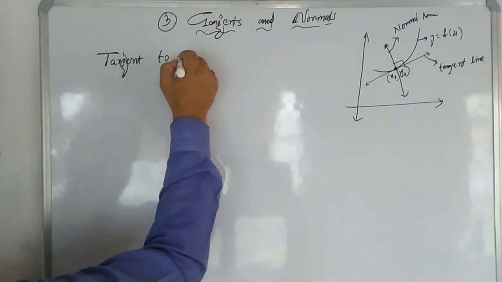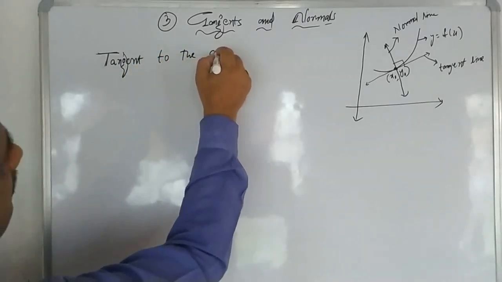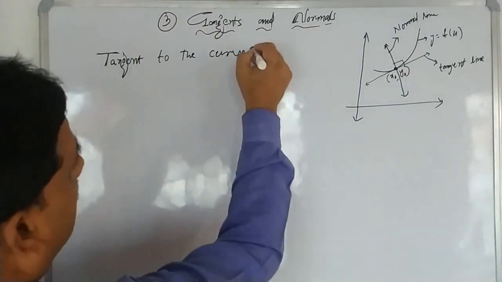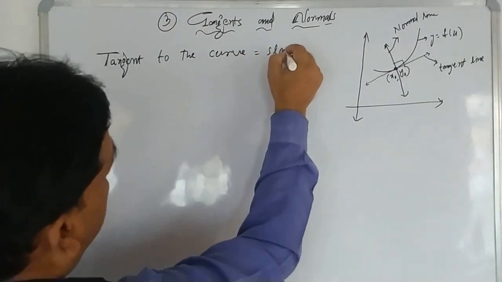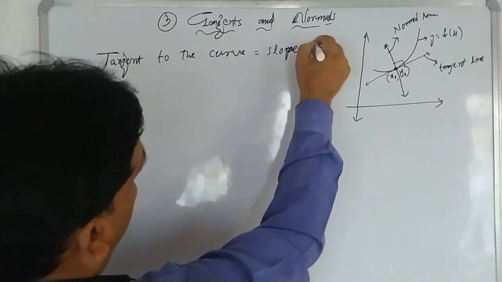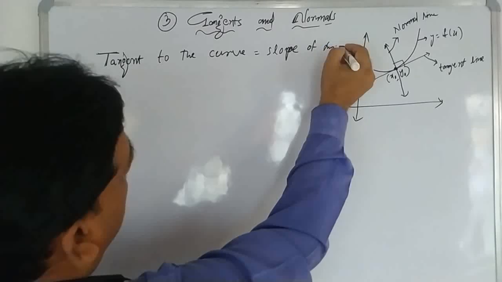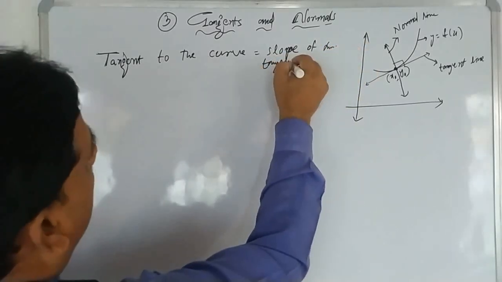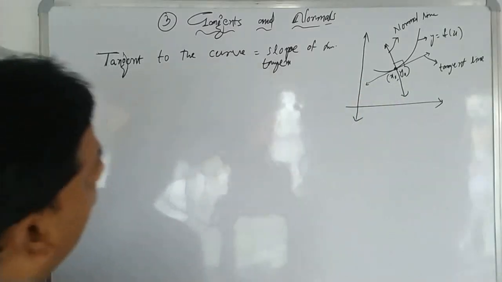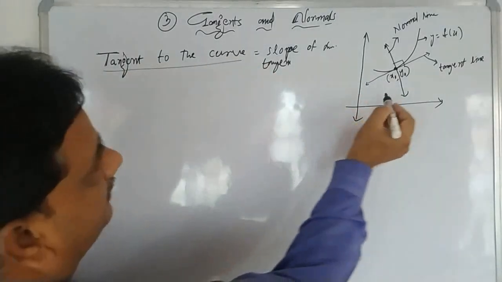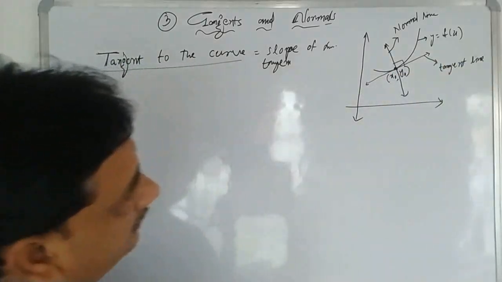Tangent to the curve, or it's called the slope of the tangent.